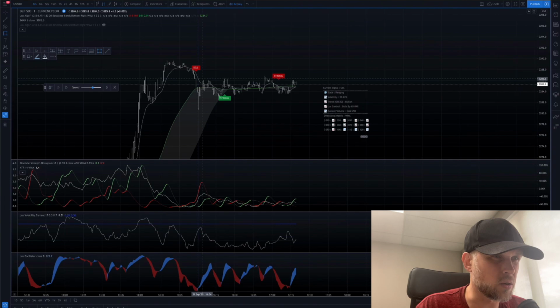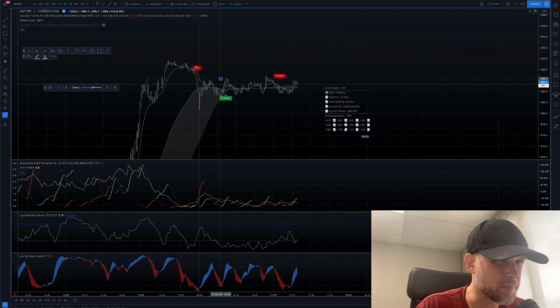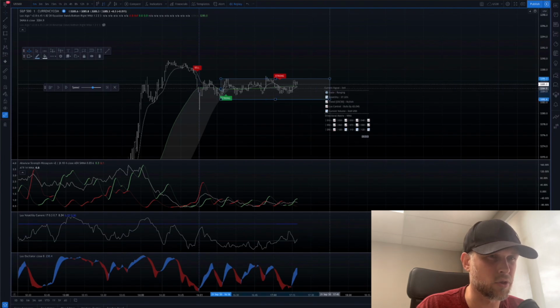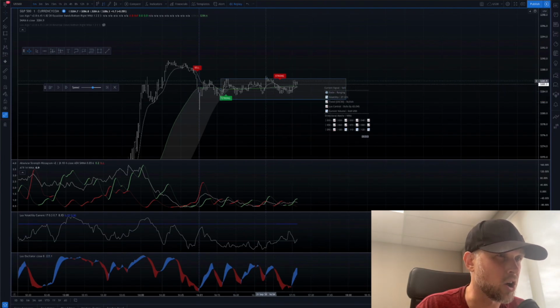So as you can see here, we've got consolidation starting here. And it goes on for a while. And my rule is to know whether or not you're out of consolidation, the price has to close outside of your zone. So this one here, that did not close outside of the zone. It closed at 3286.3.